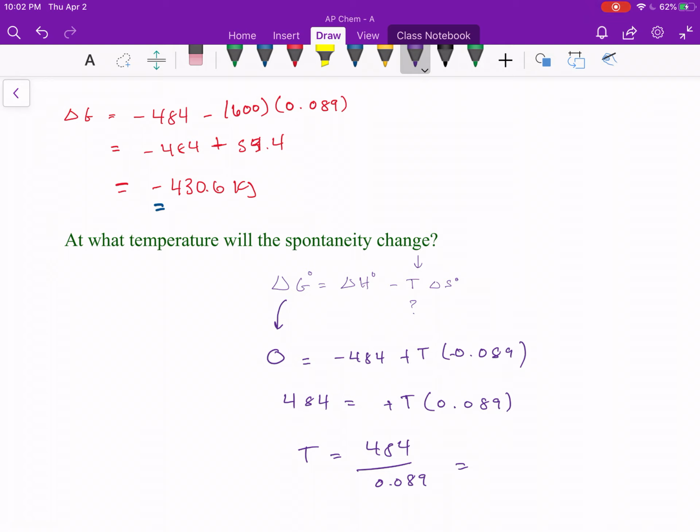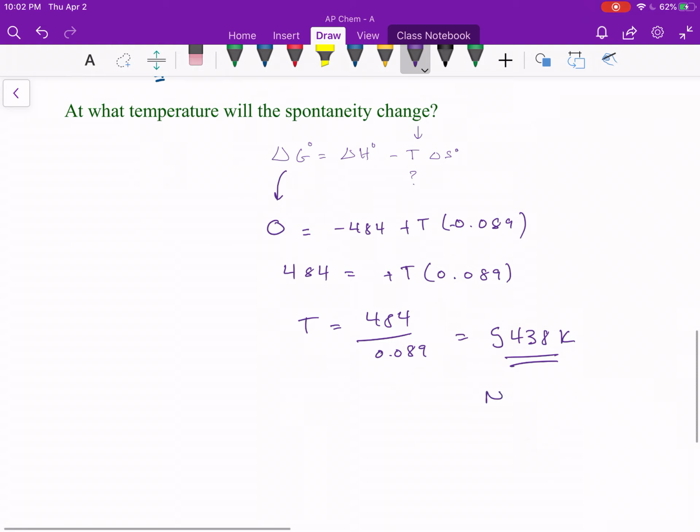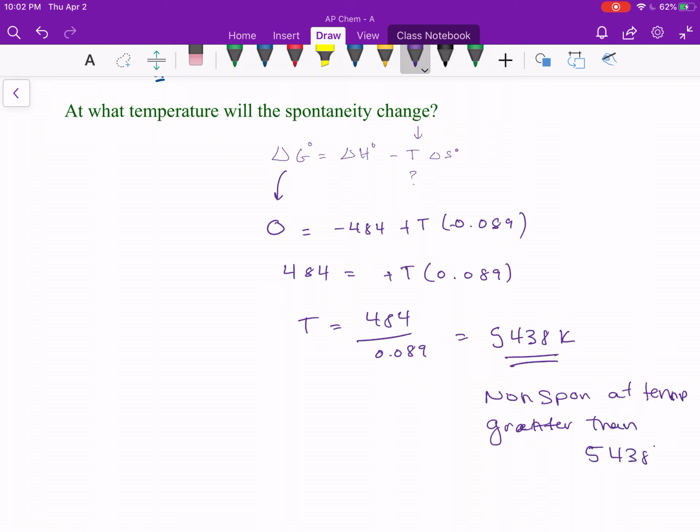and we're going to see that this thing becomes non-spontaneous at temps greater than that 5483 Kelvin.